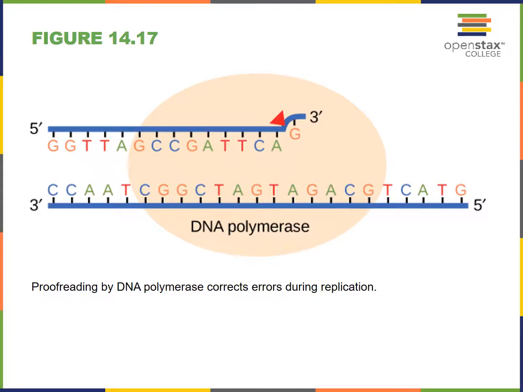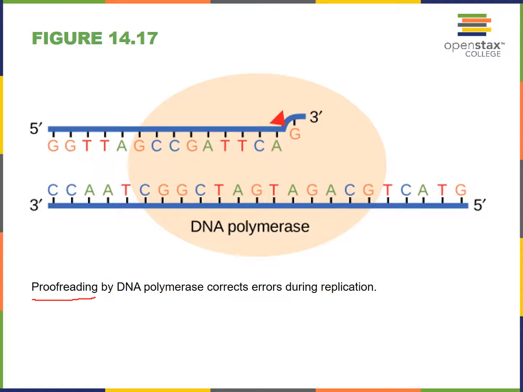Okay, so the last little section of this chapter, we need to talk about DNA repair and mutations. The first type of DNA repair is called proofreading. And proofreading can be done by DNA polymerase 3 or DNA polymerase 1, but the main one's DNA polymerase 3.